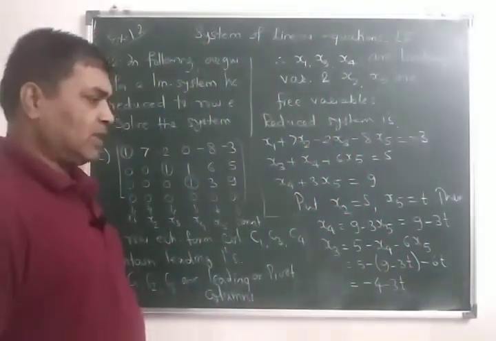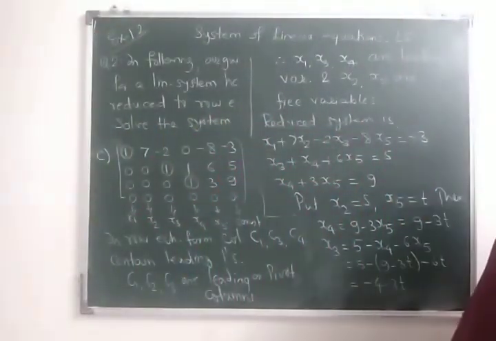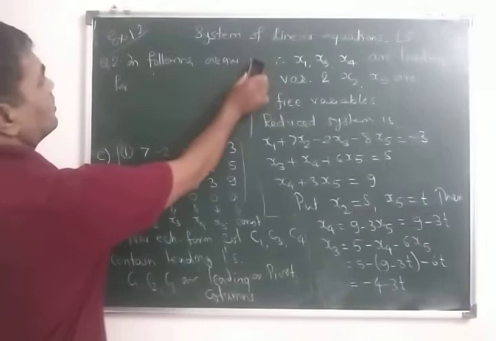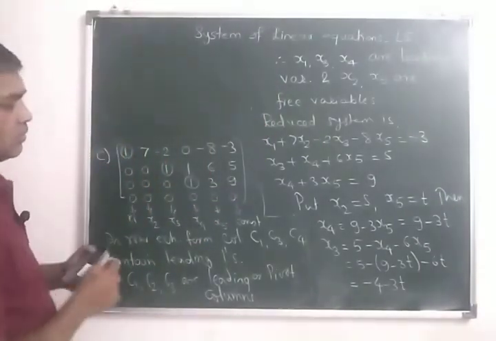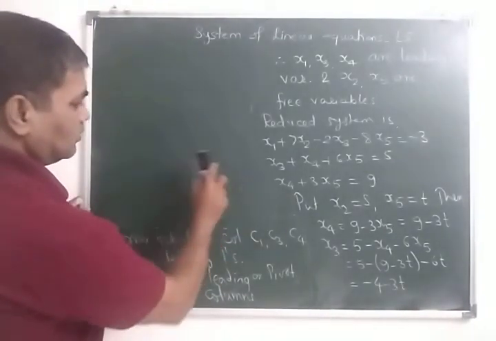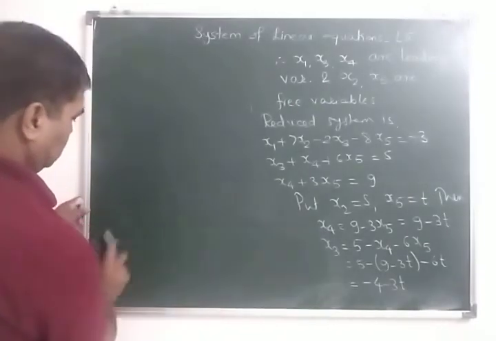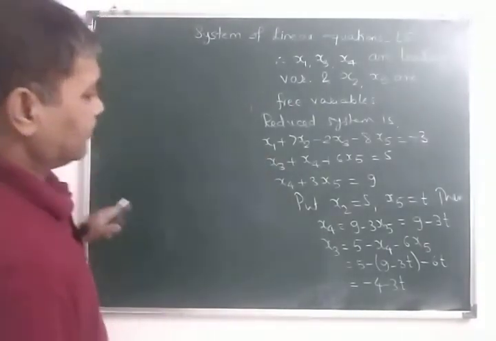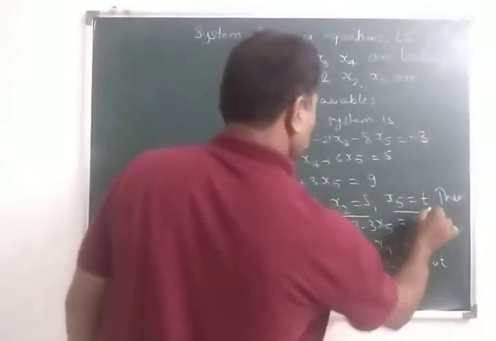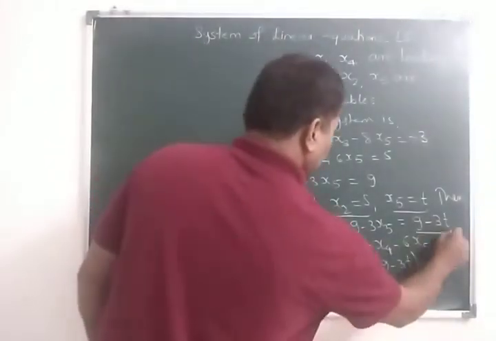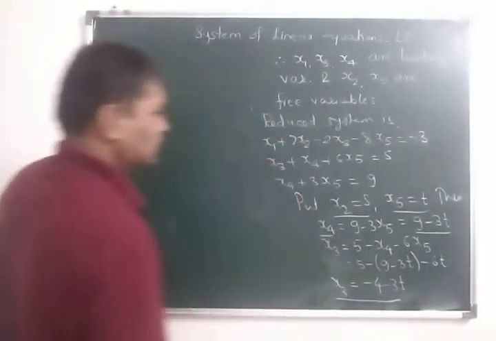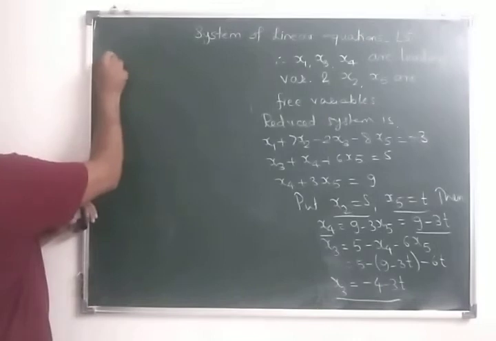So x3 is minus 4 minus 3t. Then x2 was taken earlier as s.